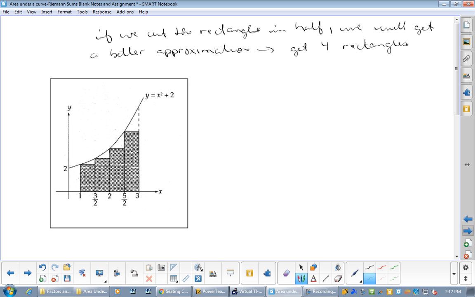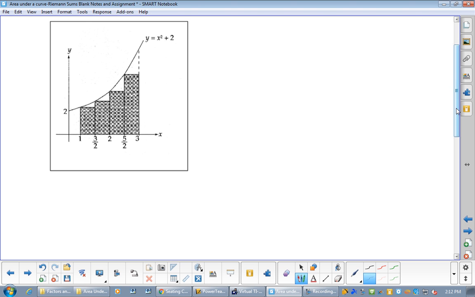Now, we're just going to stick right now to doing the left side. Here is where we're going to find our heights.